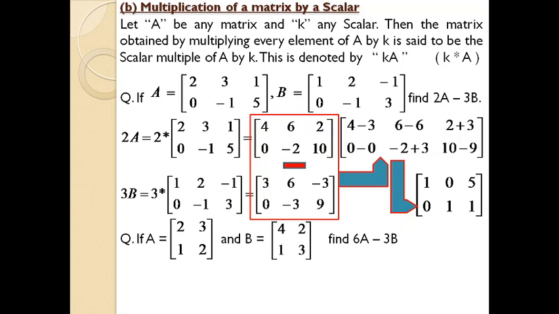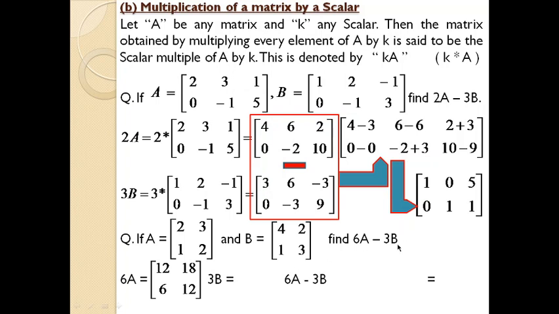So in order to find 6A, that means 6 into A. So 6A, that is 6 into matrix A: 6 into 2 is 12, 6 into 3 is 18, 6 into 1 is 6 and 6 into 2 is 12.